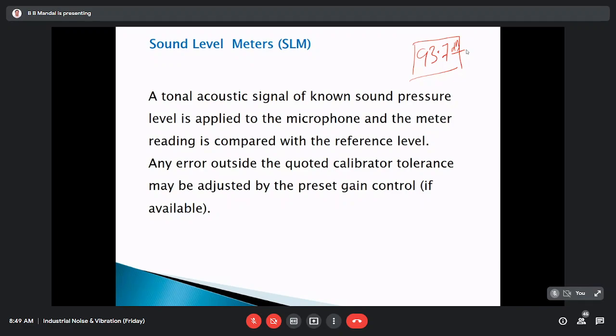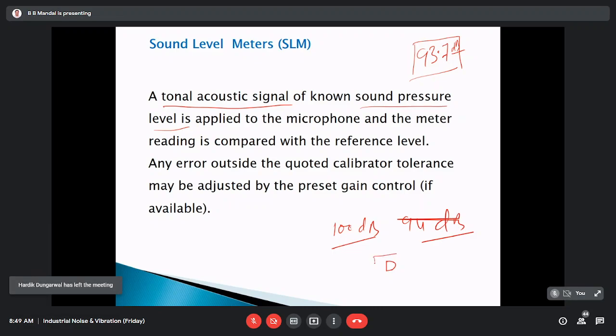So for that we apply a tonal acoustic signal of known sound pressure level. That means we know that this is 100 dB or it is 94 dB. Then we put it very close to the microphone, or we insert the microphone capsule into the calibrator body.